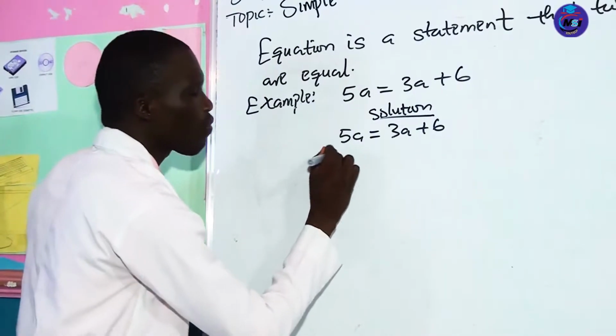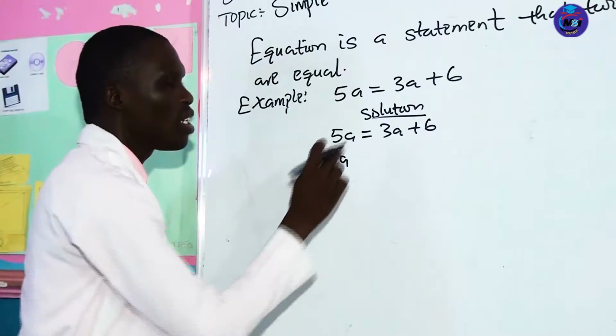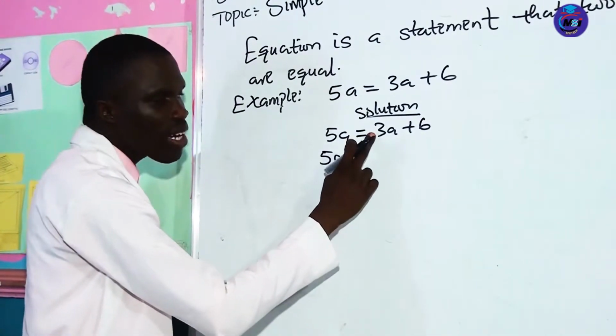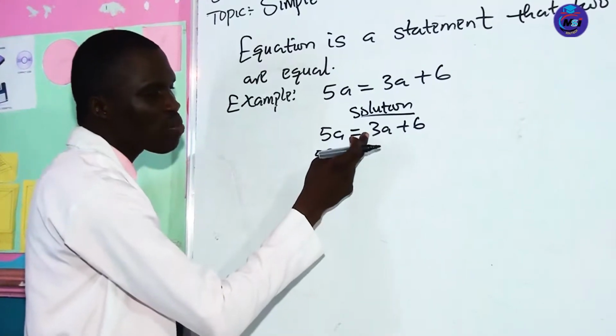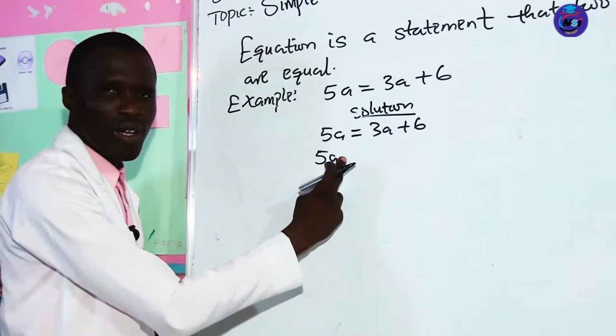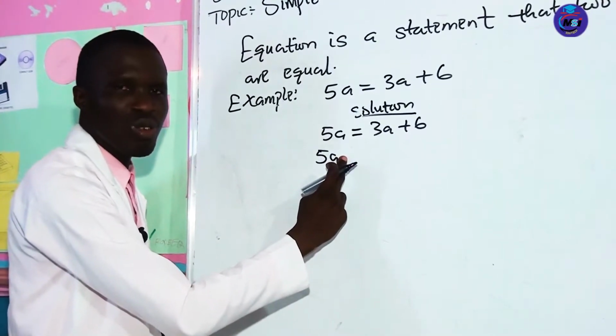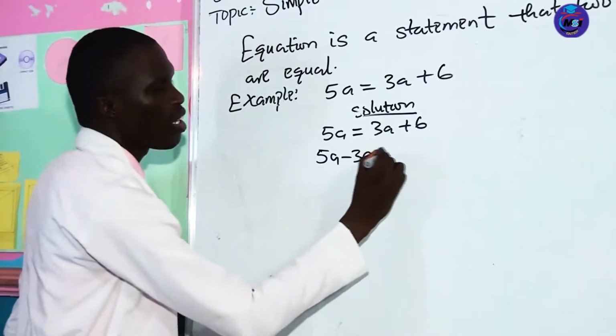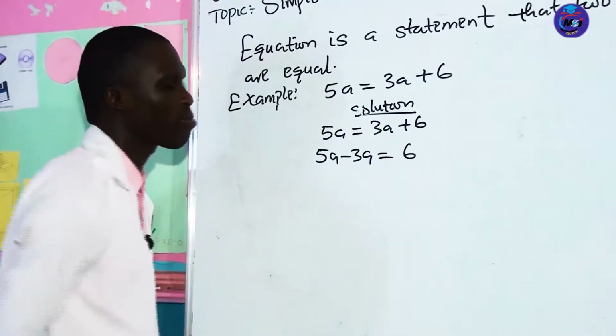Okay, 5a, this is plus 3a. When this plus 3a is crossing this bridge to come and meet 5a, what are we going to do? It's going to turn to minus 3a. This 6 will still remain.